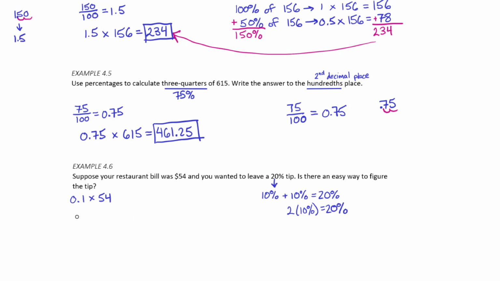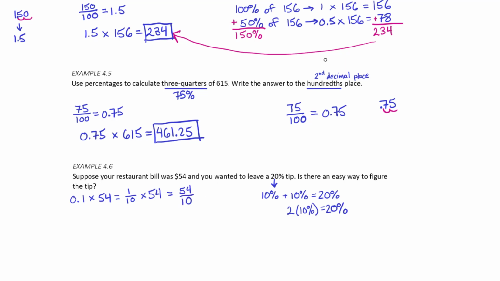Here's what you do. 0.1 times 54 is the same thing as 1 divided by 10 times 54. I just rewrote the 0.1 as 1/10. If you multiply by the reciprocal of 10, that's the same as dividing by 10. So this is 54 divided by 10.